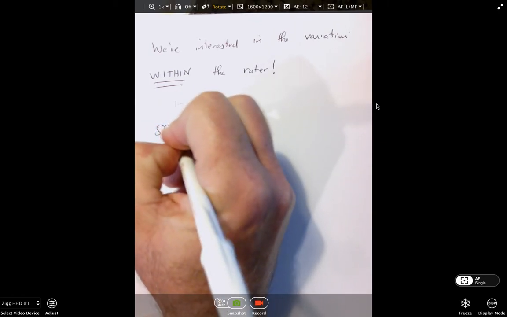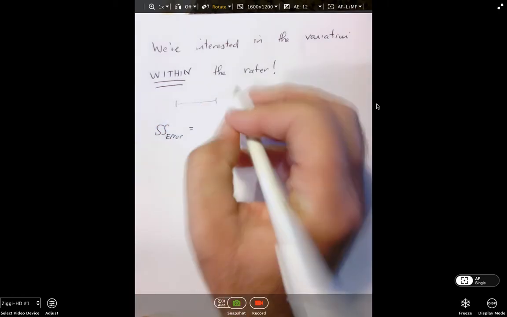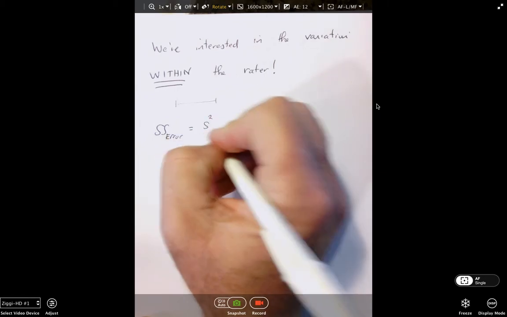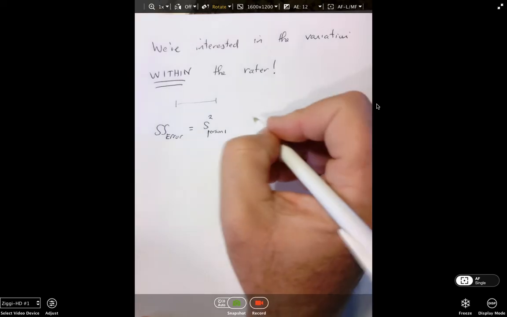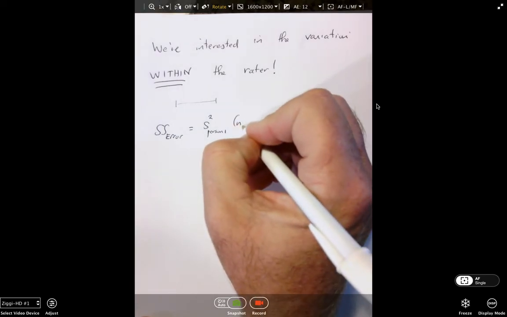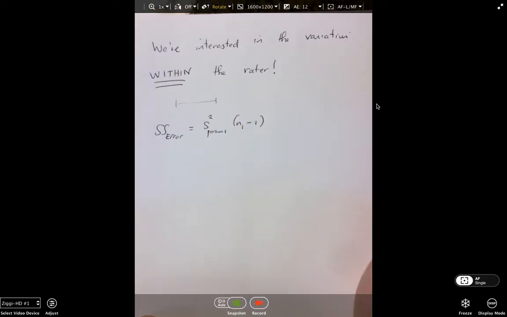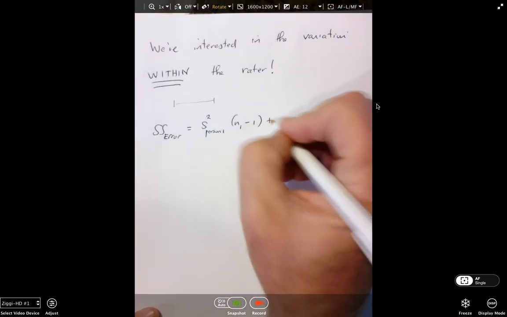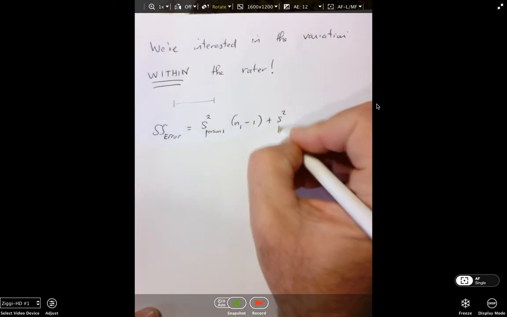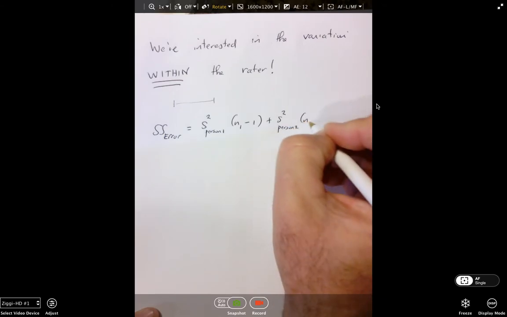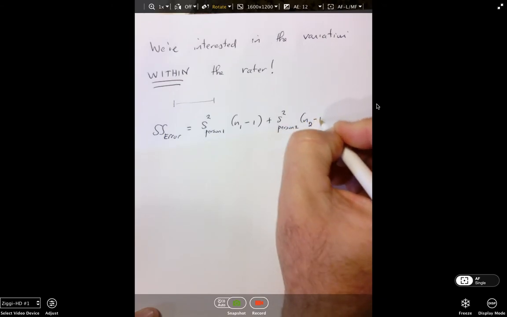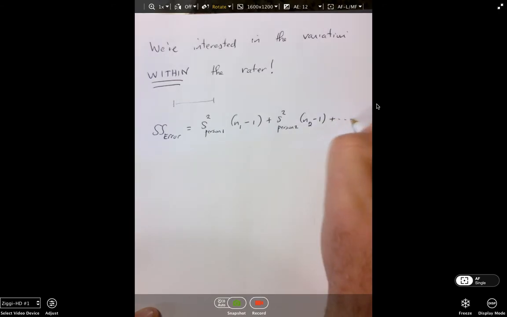So the sum of squares for the error would be the variance for the first person times the sample size, plus the variance of the scores for the second person times the sample size, and so on and so forth.